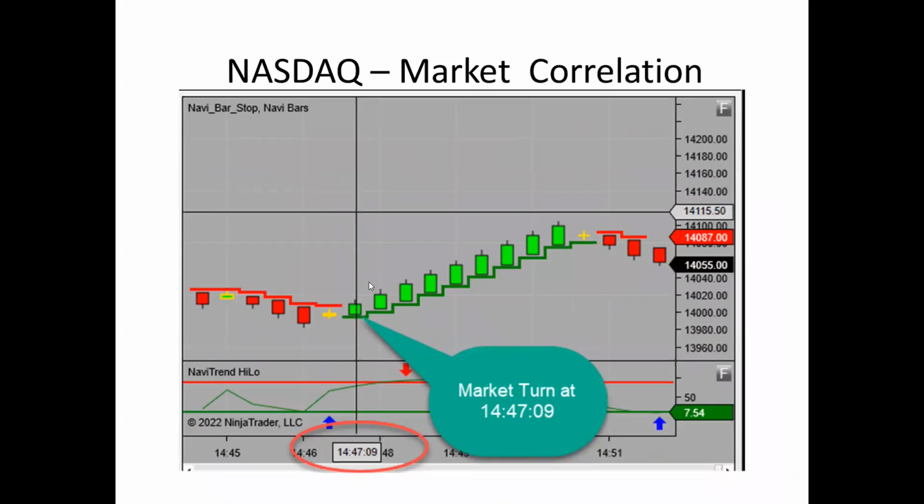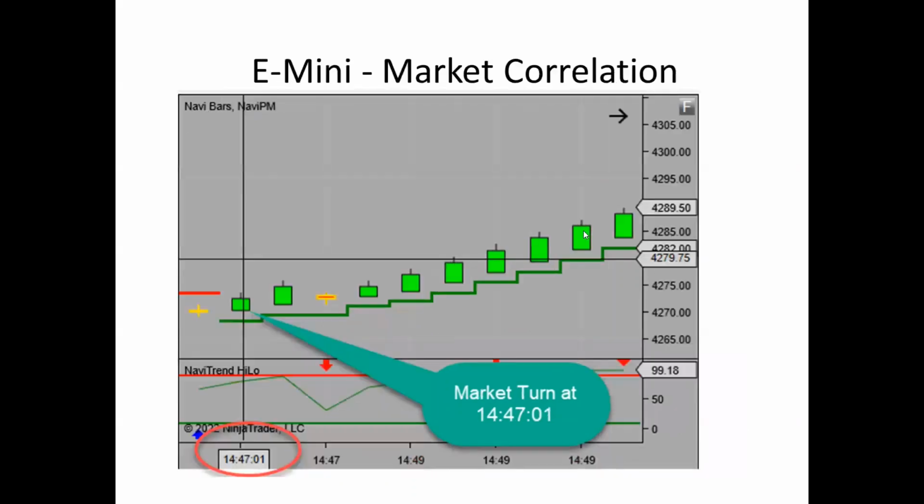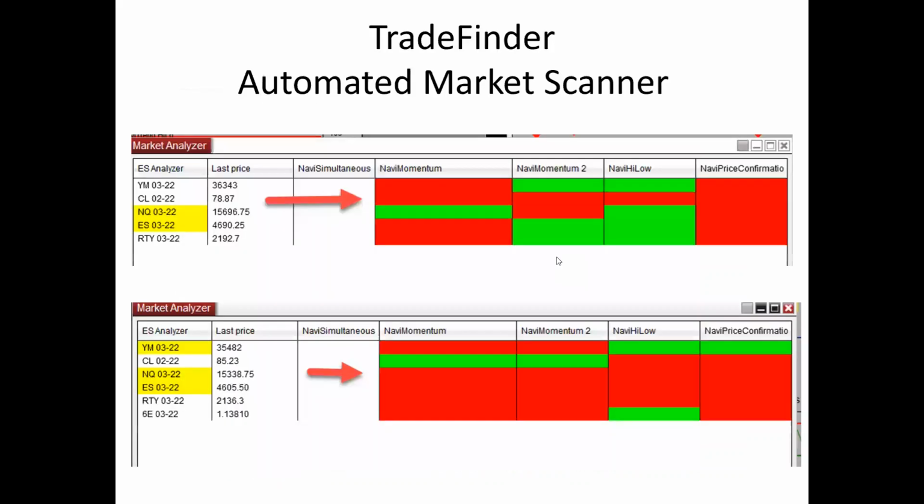Here you can see the NASDAQ, where we turned green at 1447 and moved up significantly. We did the same thing on the E-mini. The market turned on the NASDAQ and on the E-mini, both at the same time.